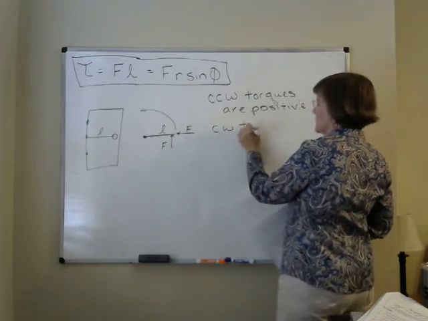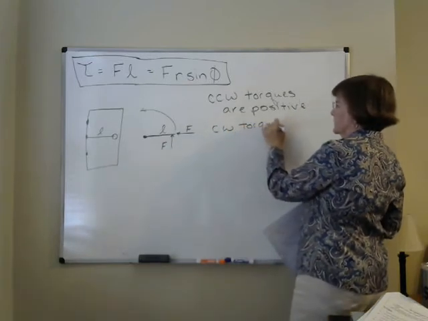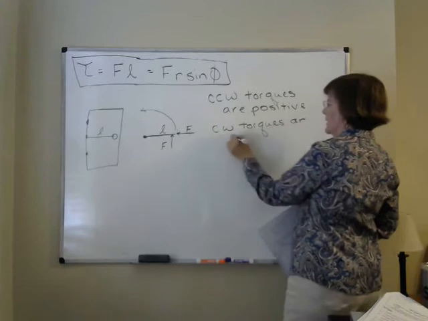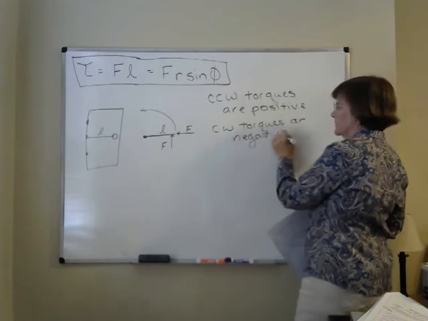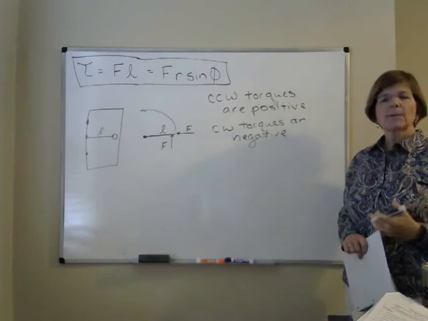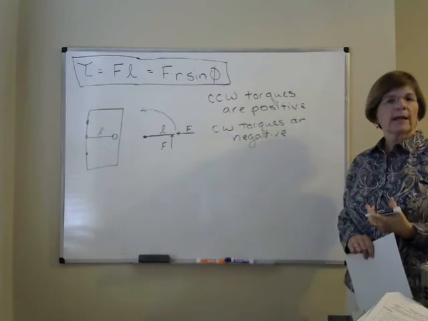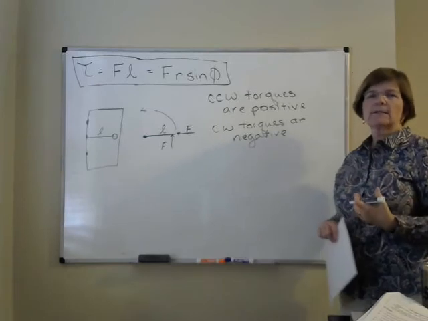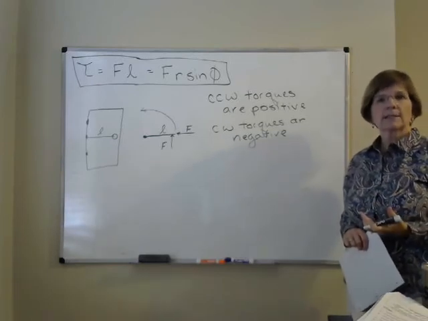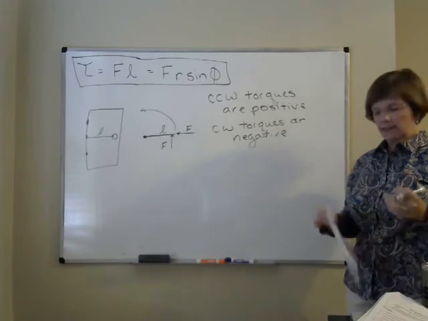Clockwise torques are negative. That makes sense because that's in keeping with the same way that we measure angles. We know when we measure an angle, we start at the positive x-axis and counterclockwise is our positive direction.